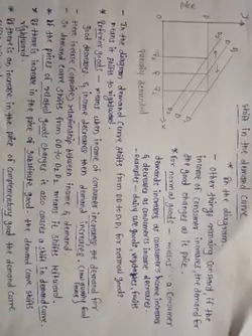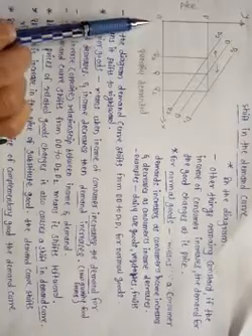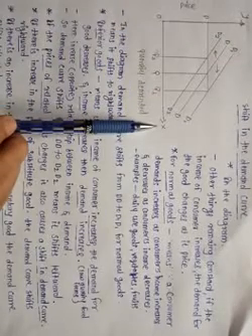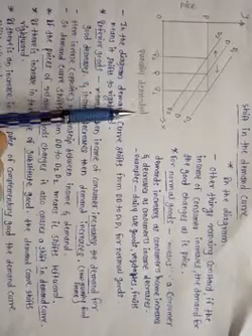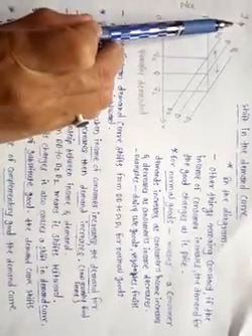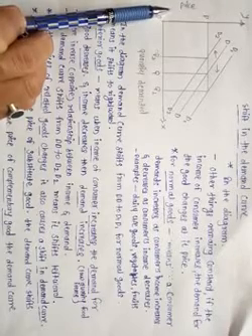It will be easy when we put it in a graph. Students, we will explain it with the help of the diagram. See here in the diagram, on the OX axis we represent the quantity demanded, and on the OY axis we represent the price of the commodity.